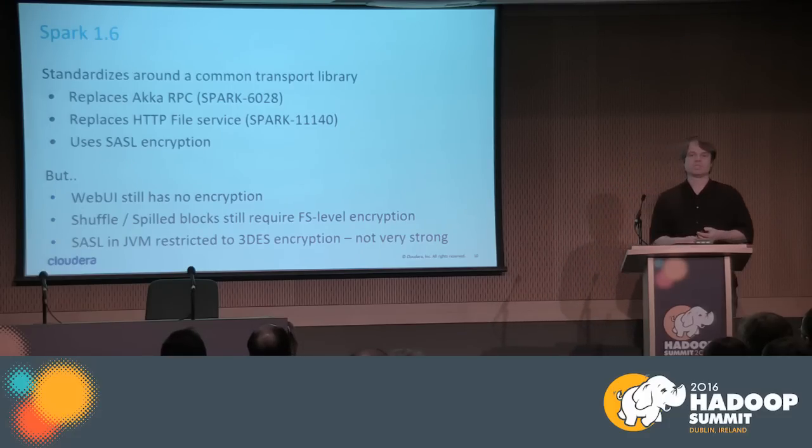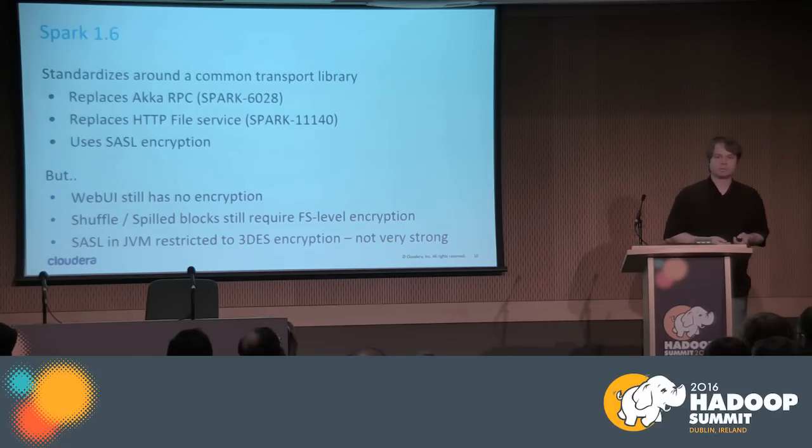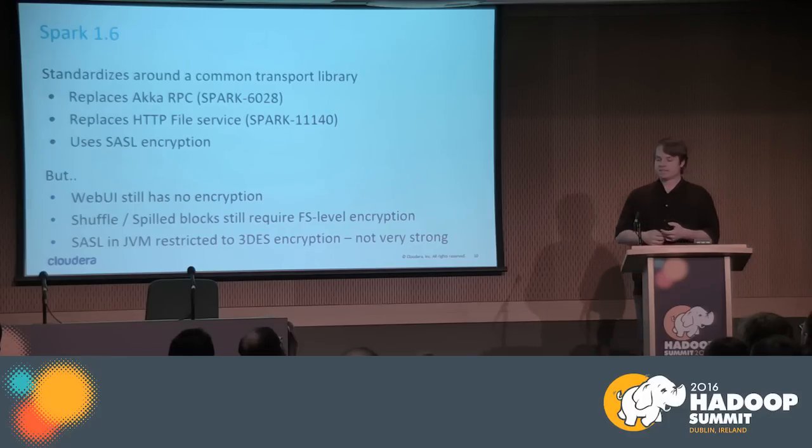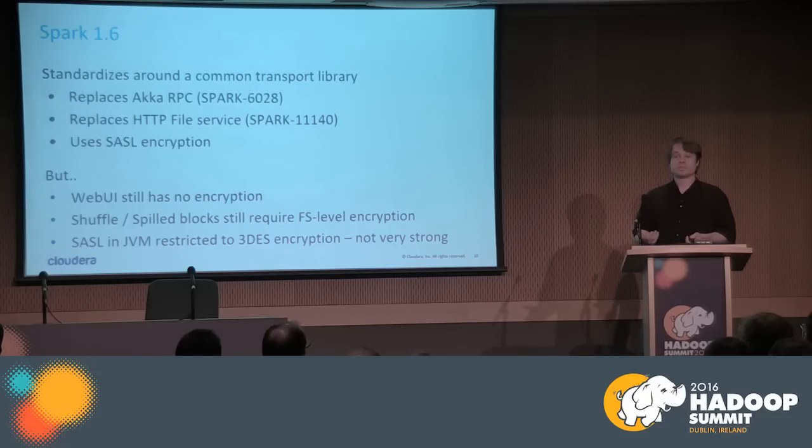The Shuffle files spilled to disk still require file system level encryption if you want to encrypt data at rest. And SASL in the JVM is still a very old implementation that uses triple DES as the encryption algorithm. It's not bad, but it's getting old, and there are much better options these days.